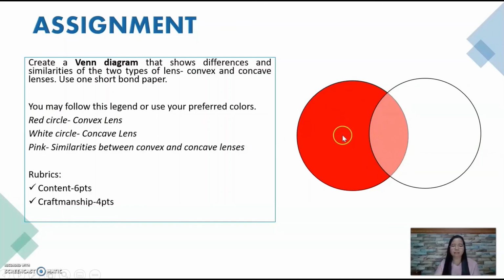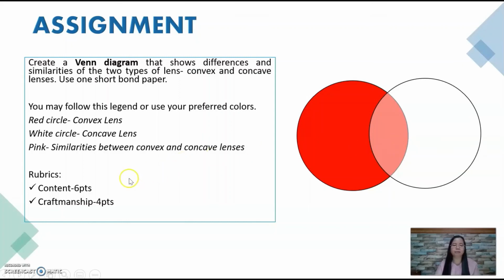Red circle is for convex lens, white circle is for concave lens, and the pink at the center would be filled by the similarities between convex and concave lenses. Or you may also use your preferred colors if you don't like red and white. Other colors are okay, as long as it's a Venn diagram.